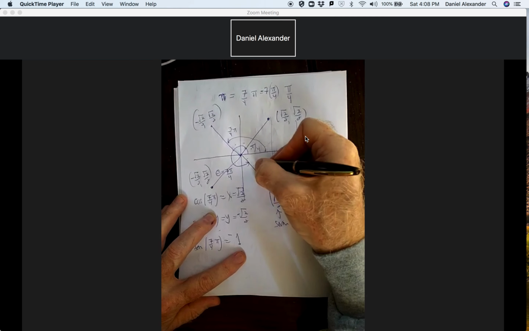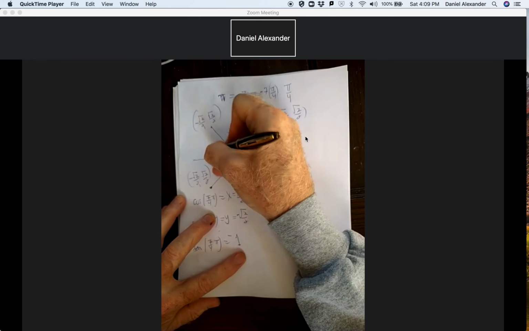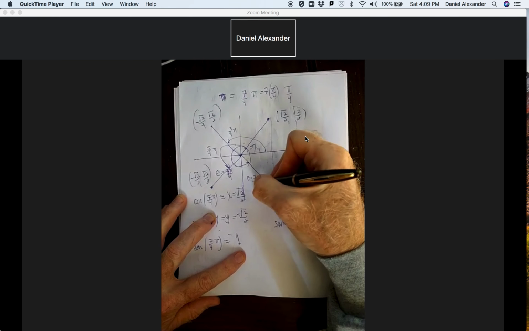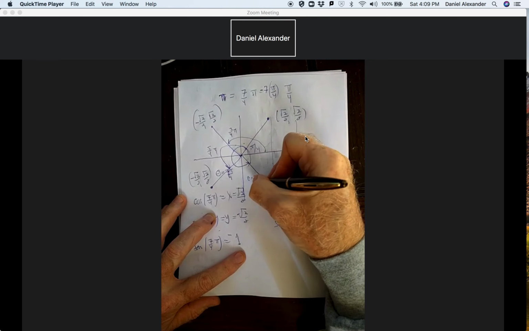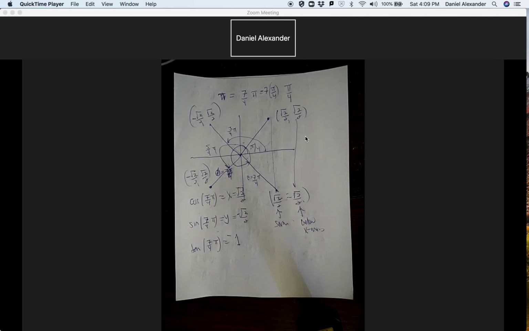This angle over here was 5/4 pi, and then this angle over here was 7/4 pi. I'm going to cross that out because it looks a little confusing to me.